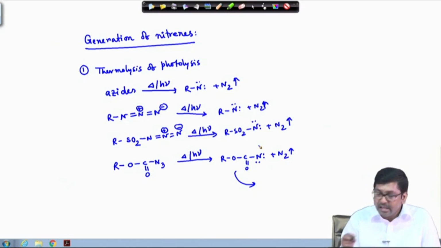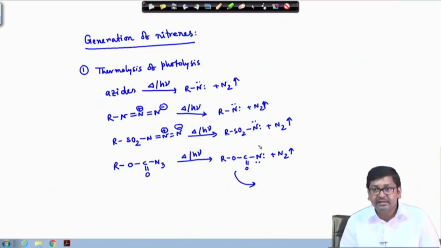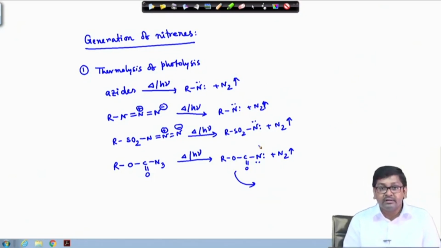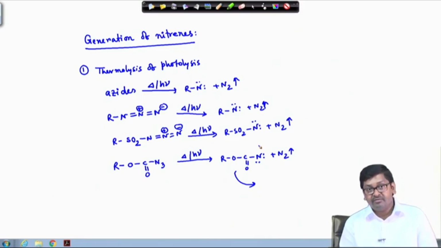I mean, in molecules having various types of functional groups, the nitrene can be selectively inserted into a certain position of these complex molecules, and that way transition metal salts are nowadays very important for generating this type of nitrene.